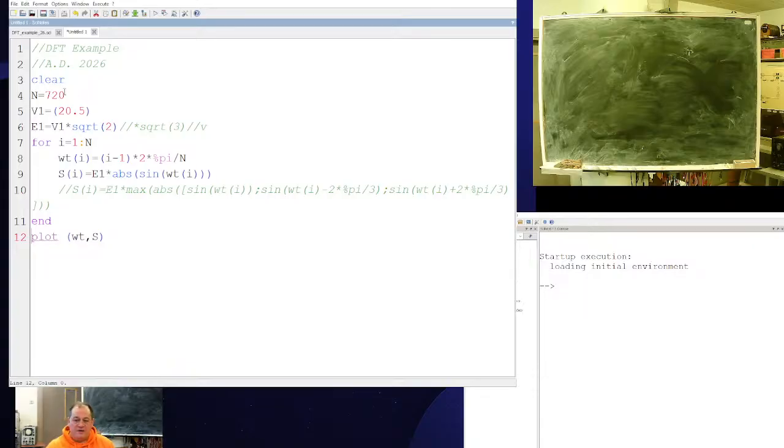I will have 720 points in my table. I will do it in steps of half a degree. Then my voltage, I measured it, it's 20.5 volts. I'm filling in values of omega t, it's for drawing a chart.